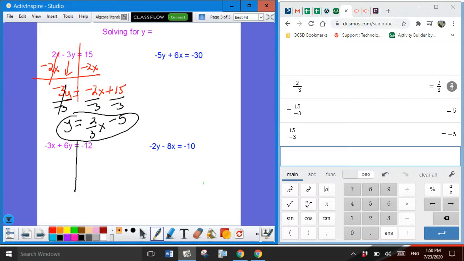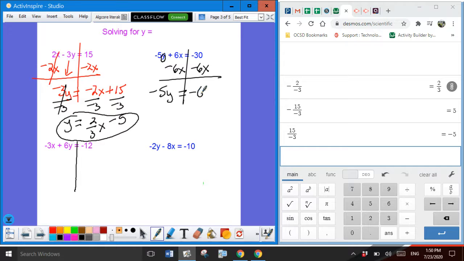Okay, I'll help you with one more, and then I'm going to let you hit pause and see what you can do with it. So let's take a look at this one. So this time my y is in a different spot. So I need to move the x. I'm still moving x. So minus the 6x, so I have -5y equals.